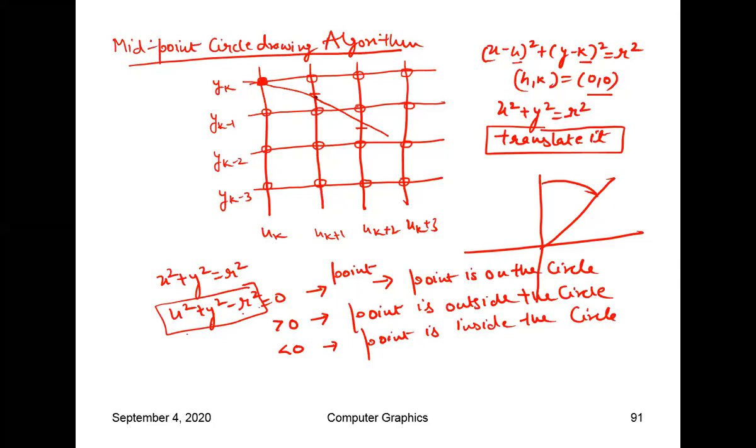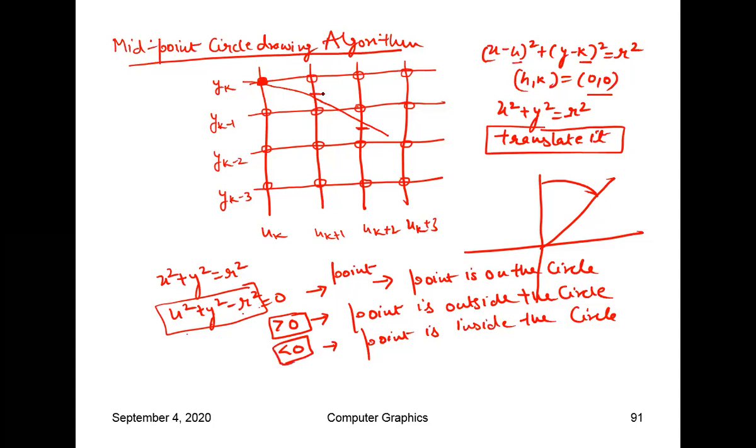If that middle point is outside this particular arc, then this calculation will give us a result greater than 0. If this midpoint is inside, like in this case, it means that this particular midpoint is inside this circle. So if it is less than 0, okay.